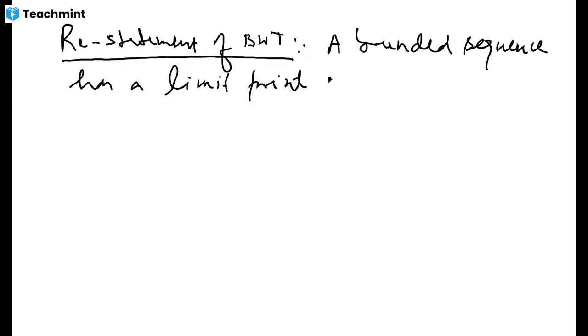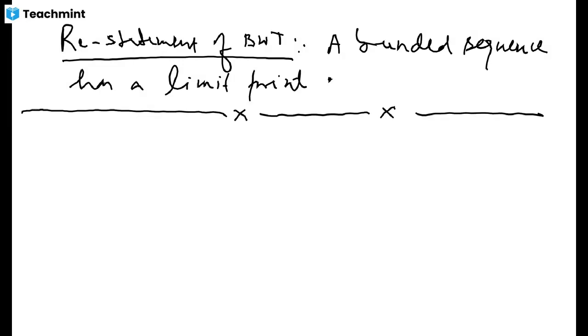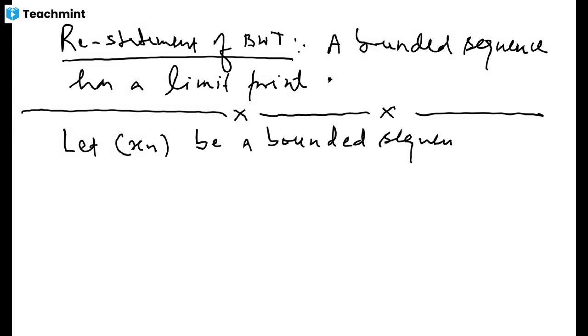The next thing is that since we now see that a sequence may have more than one limit point, let us take a bounded sequence for the time being. We are considering only bounded sequences. Let xn be a bounded sequence, and by the Bolzano-Weierstrass theorem it will definitely have at least one subsequential limit, or you can call it a limit point.